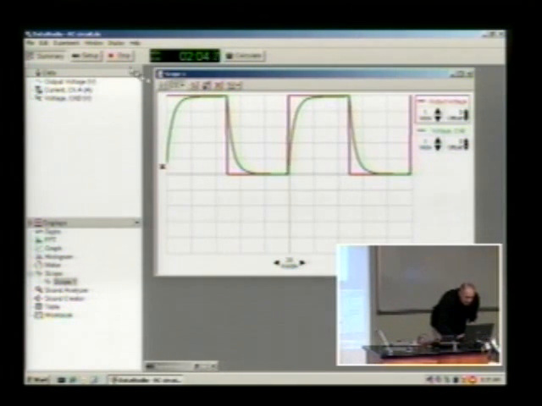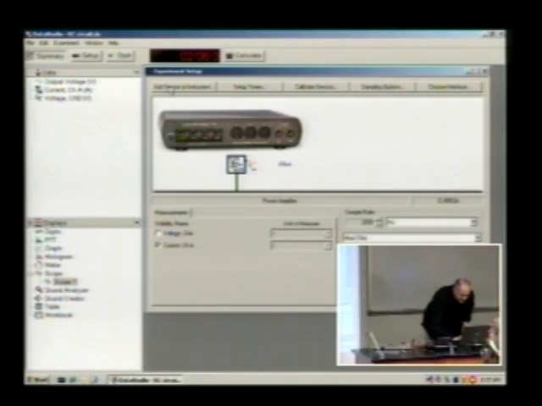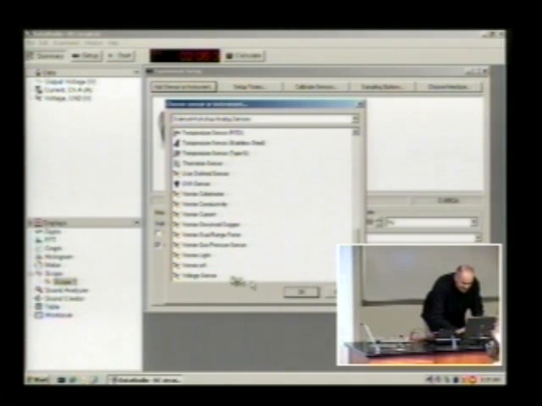So let me stop this one. Now I have to add one more sensor, and I want to add another voltmeter.